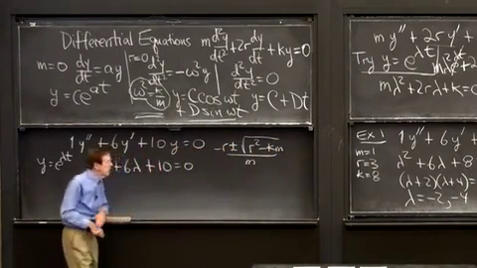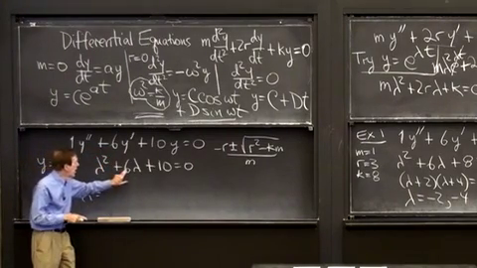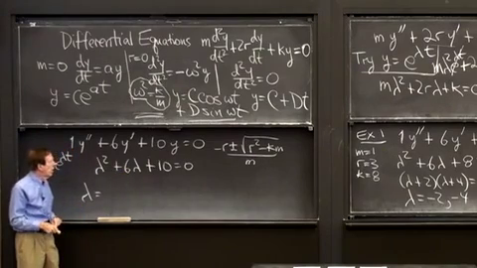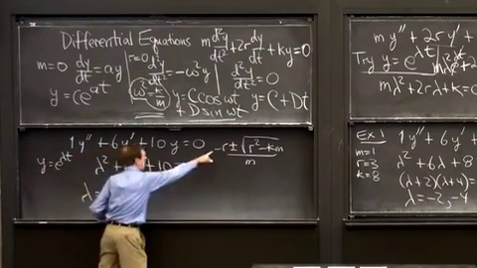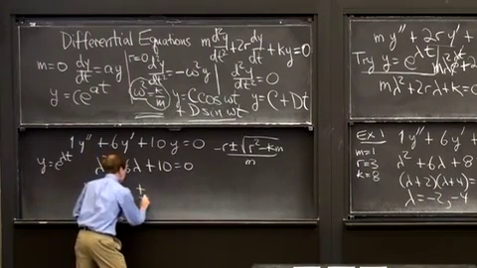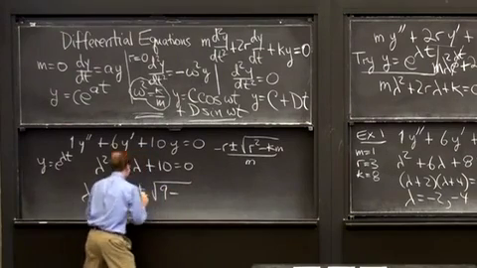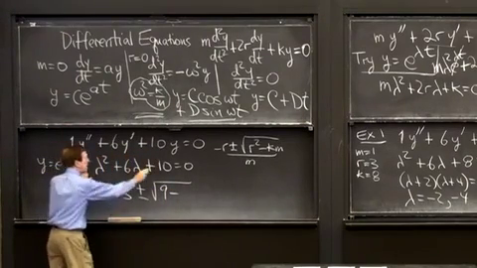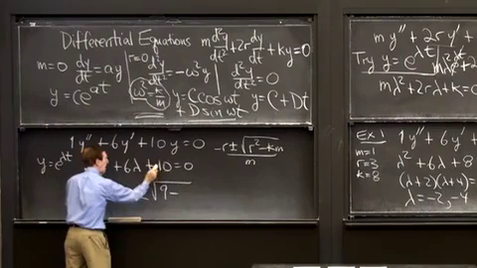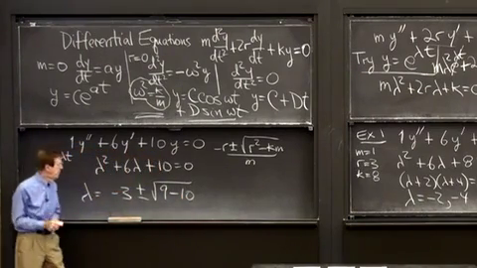I got the 2's and the 4's out of it by taking r to be 3 here. So it's minus 3 plus or minus the square root of r squared, which is 9, minus 1 times 10, k over m, which is 10 divided by 1.